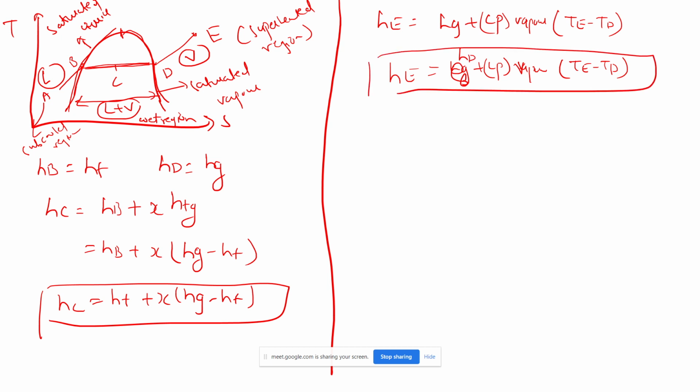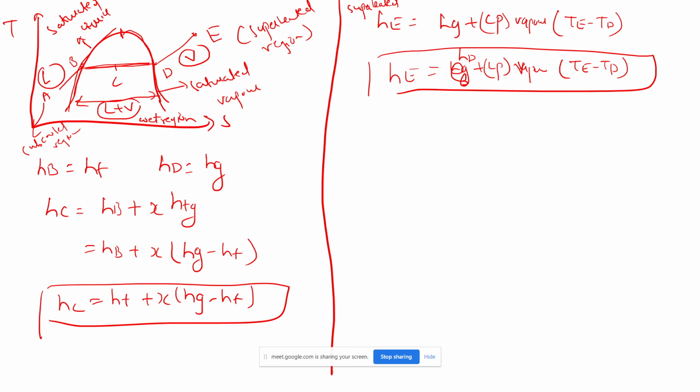Excuse me, sir, for water vapor also we can assume this as ideal gas? No. Ideal gases are different, and vapor is different. Gas we have to discuss in the gas turbine cycle. For vapor, they will give the Cp in the question.